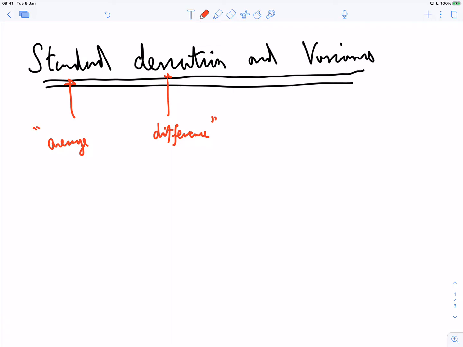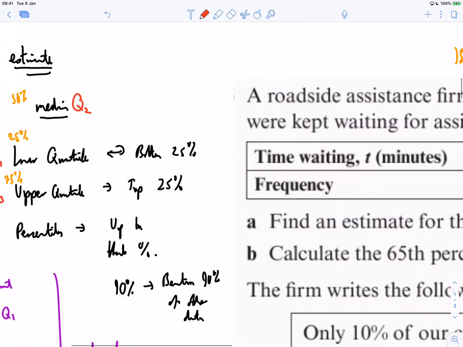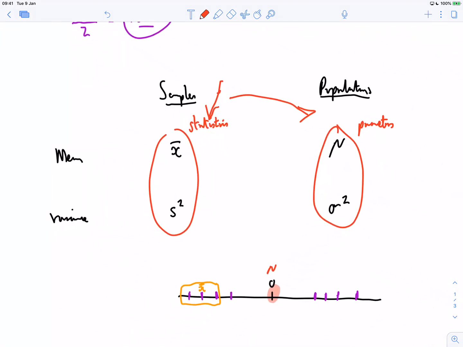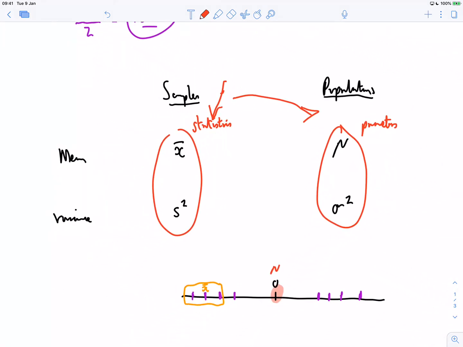So the standard deviation is like saying the average distance of each point in the data set from the mean. If you took every different data point and found the distance between that data point and the mean, then the average of all those distances would be the standard deviation. And it's a measure, whether it's a statistic or parameter of a data set, of spread.